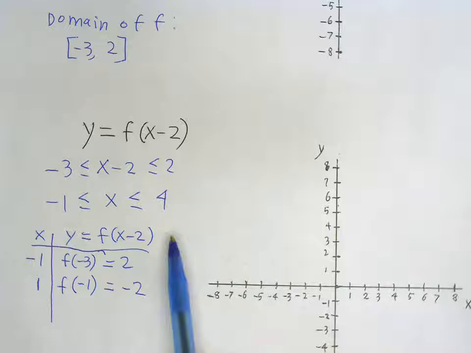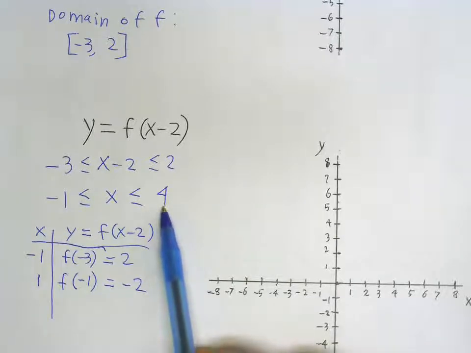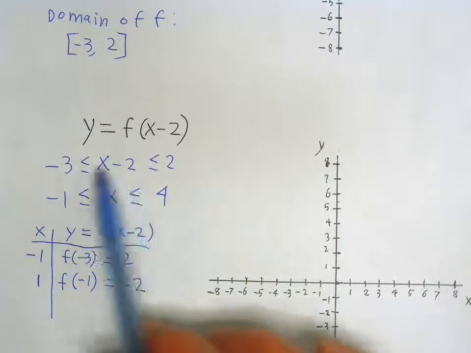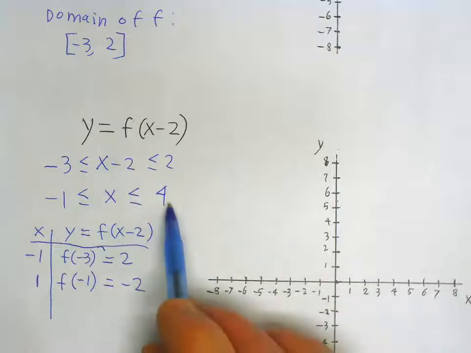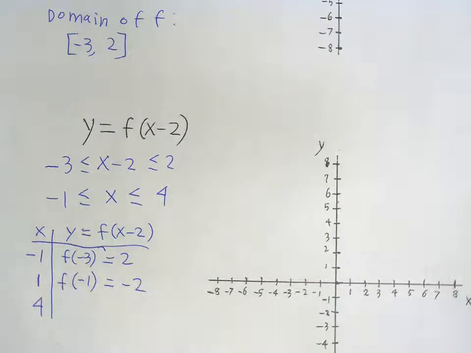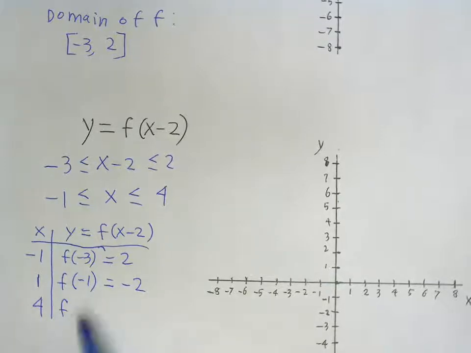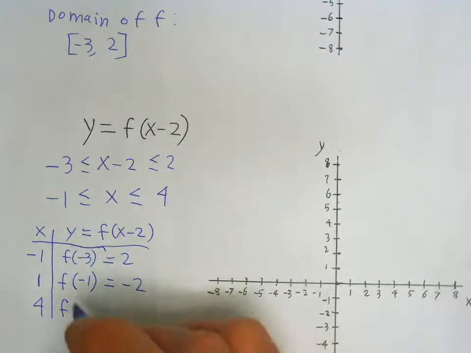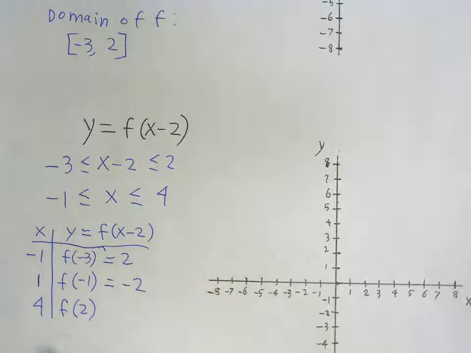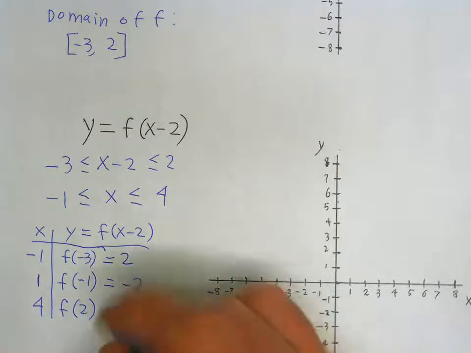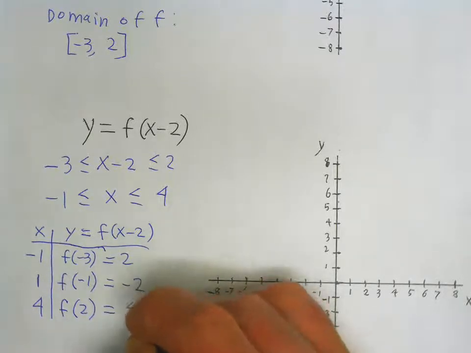And then finally, the largest domain value for y equals f of x minus 2 is 4. So when the x-coordinate is 4, the y-coordinate is f of 4 minus 2, but 4 minus 2 is 2. So the y-coordinate is f of 2, but we know from above that f of 2 is equal to 4.